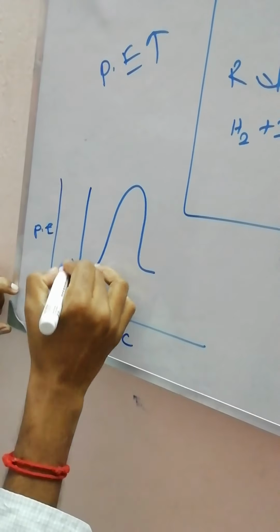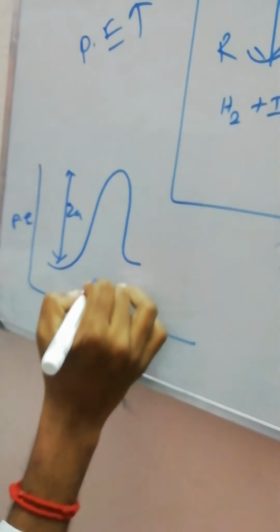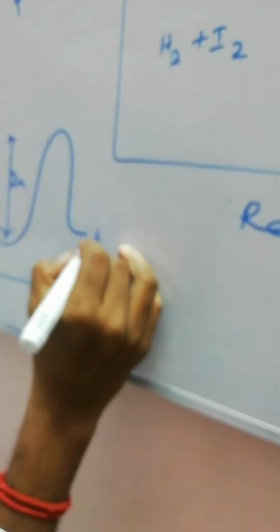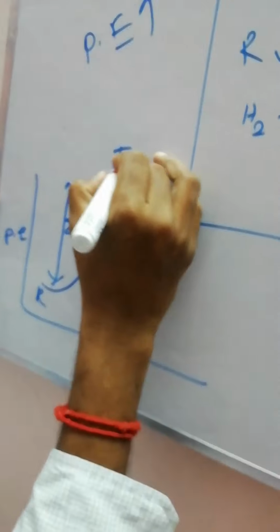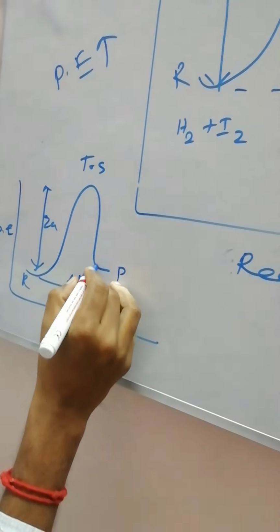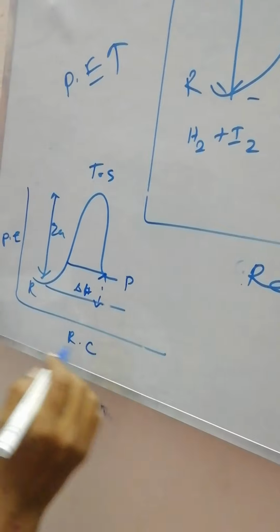This is activation energy EA, and this is threshold energy, and here are the reactant, product and transition state. This is called the difference. Delta H equal to the difference between this and this is an endothermic reaction. Heat absorbed.